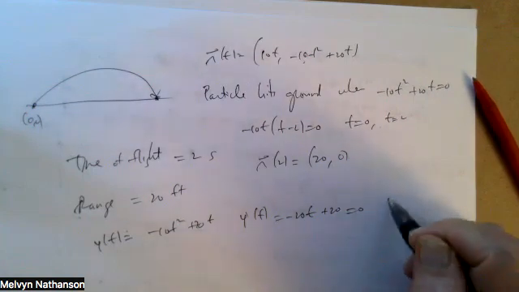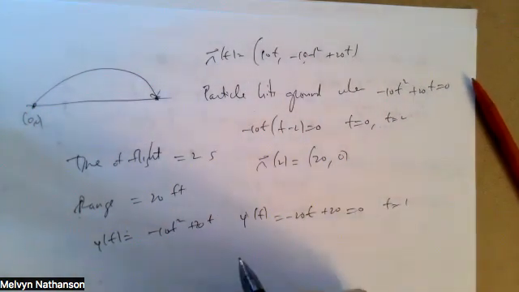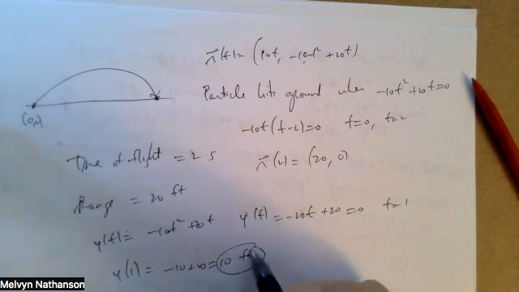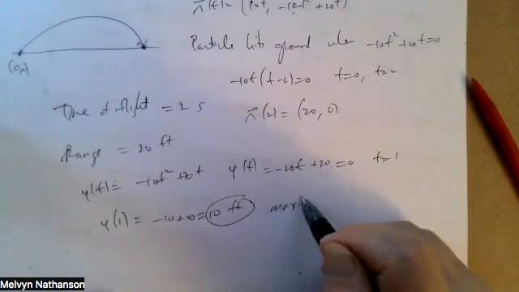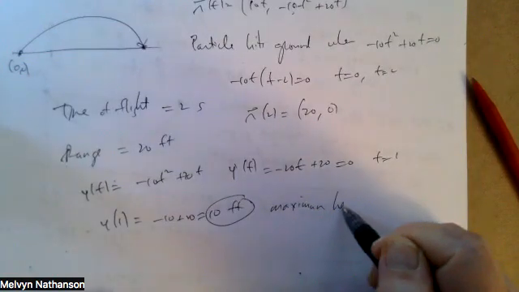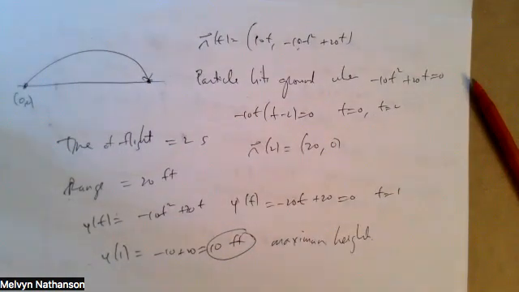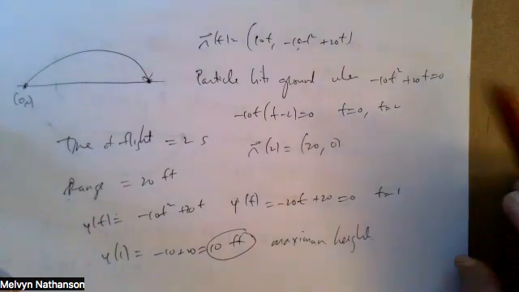That equals 0 when t is equal to 1. And y at 1 is minus 10 plus 20, which is 10. So 10 feet is the maximum height. And that's the answer.